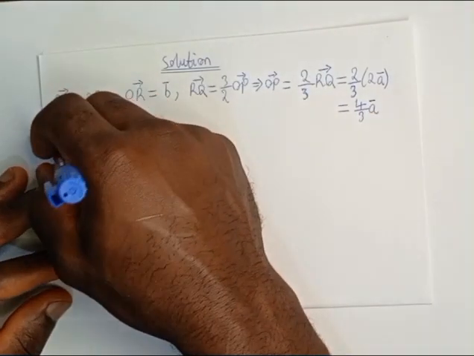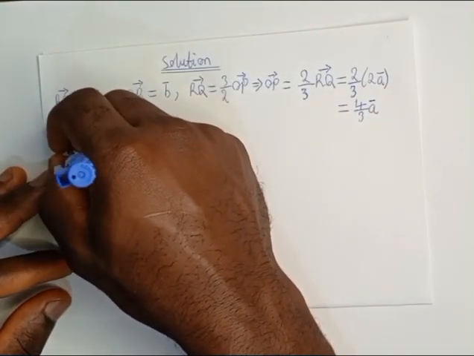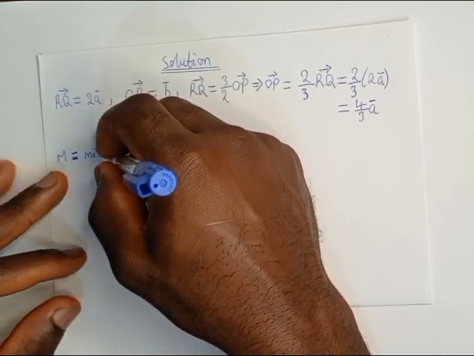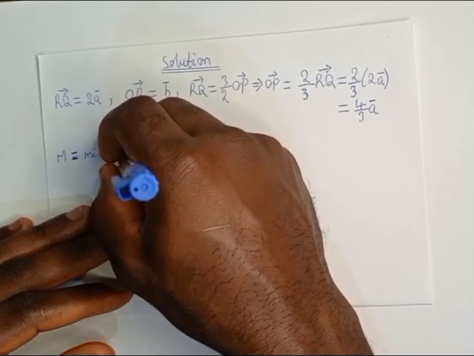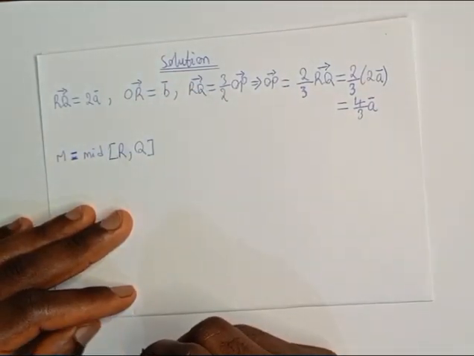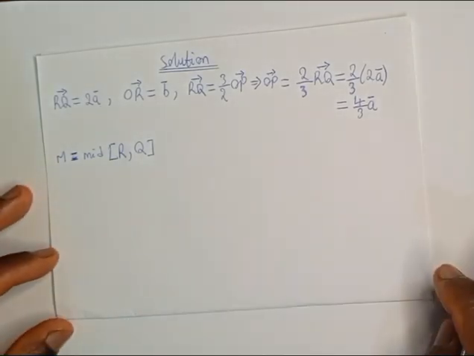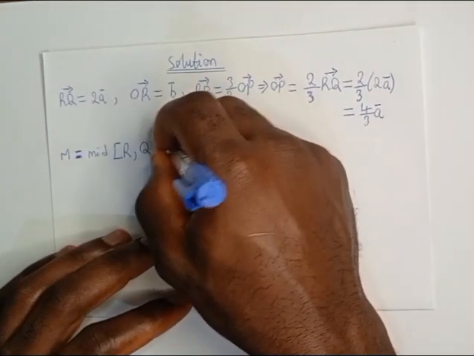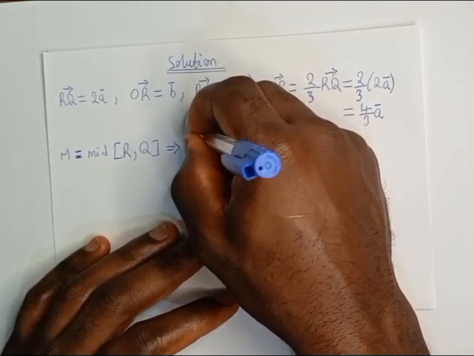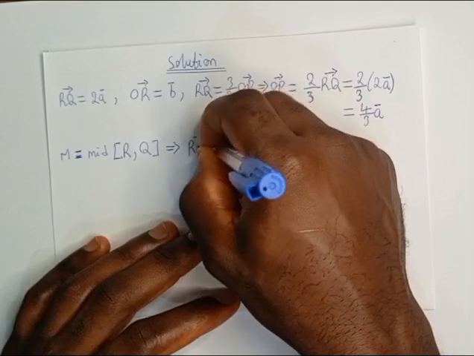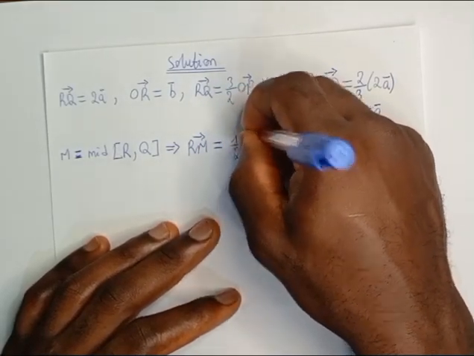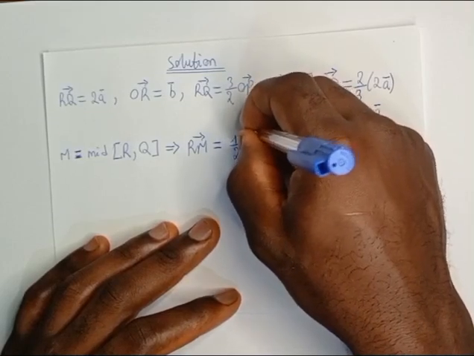And we have been told that M is the midpoint of the line segment RQ. This is how we denote it. M being the midpoint of the line segment RQ will imply that RM vector is equal to a half of RQ vector.